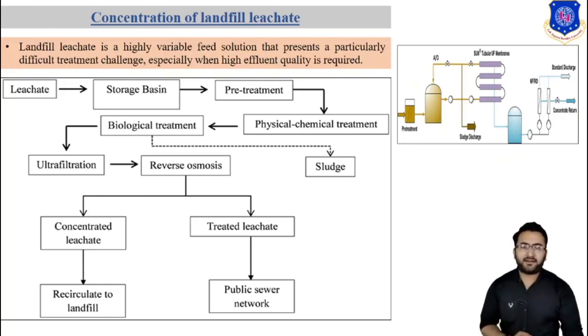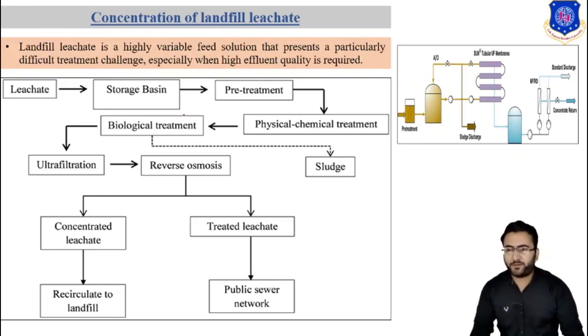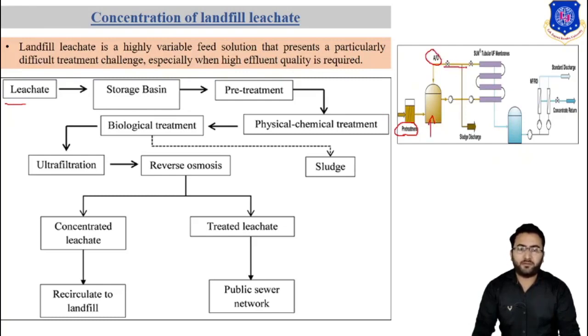So let's discuss how reverse osmosis is used for the concentration of landfill leachate. In the concentration of landfill leachate, pre-treatment is done for the leachate, then it goes to the aeration tank where air is passed through it. Then it passes to ultrafiltration, where pre-treatment of this mixture occurs, then it goes for reverse osmosis or nanofiltration.